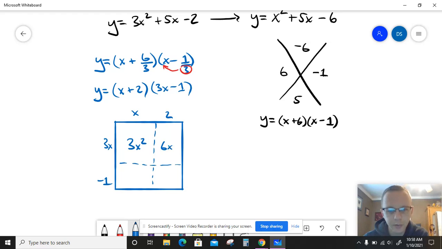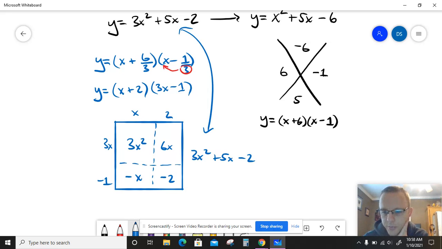Here we're going to have 6x minus x and a minus 2. So altogether, what are my pieces? I have 3x squared, 6x minus x is 5x, and I have minus 2. Sure enough, these match up. So slip and slide factoring, it works.